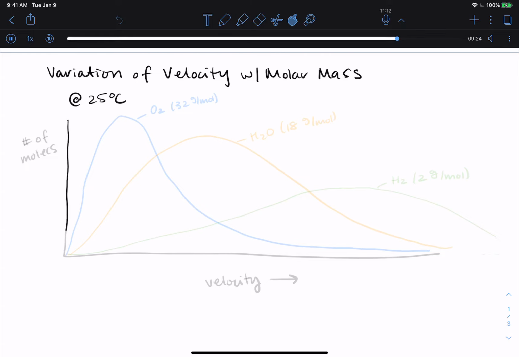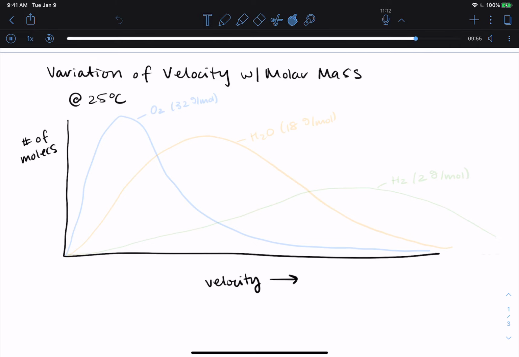And we're going to plot the number of molecules versus velocity. So velocity is increasing in this direction. So when we compare things, we said lighter molecules move faster. So if we have a molecule that's lighter, I should find that my average velocity is further out to the right.